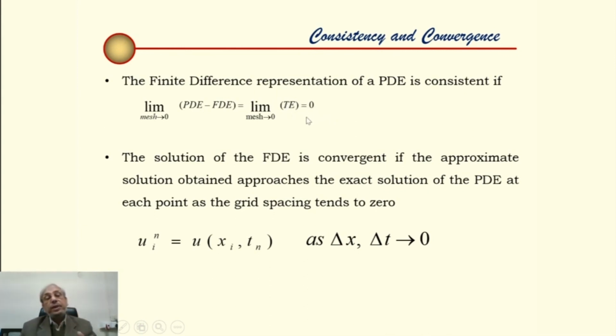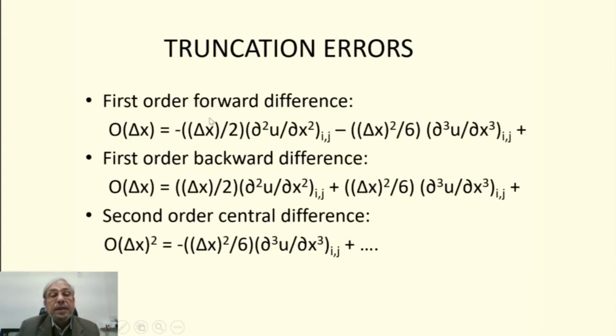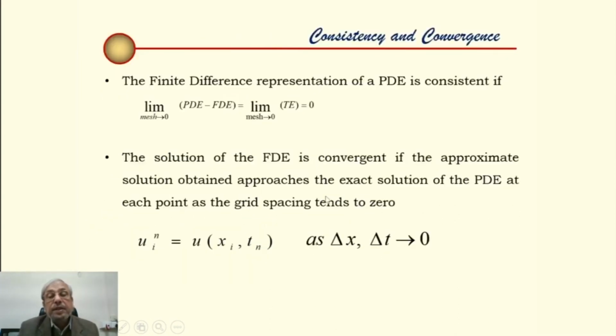So the formulation should be such that whatever is the truncation error associated with the complete equation for each and every term, those truncation errors put together, if we set limit mesh equal to 0, it may involve x direction, y direction, time direction, delta x, delta y, delta t.